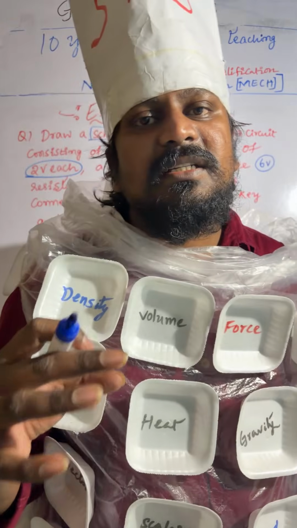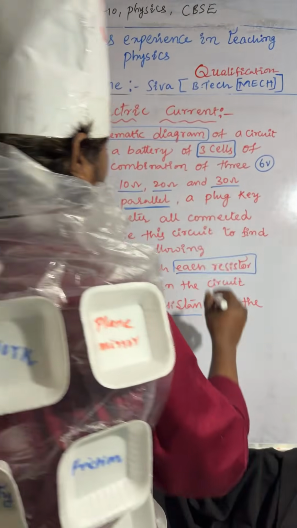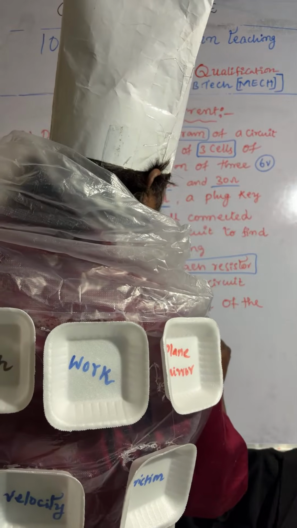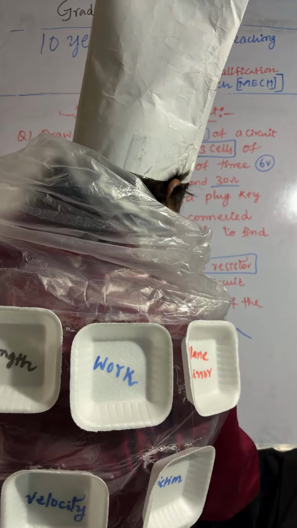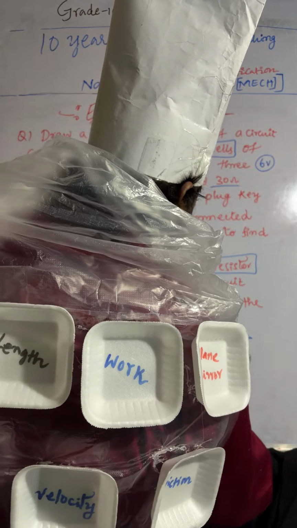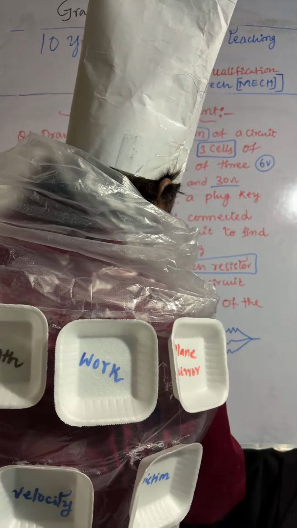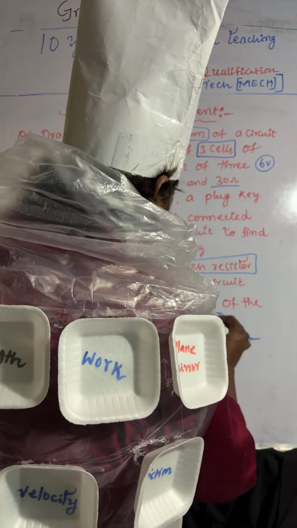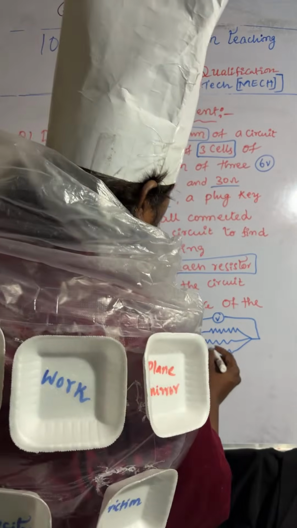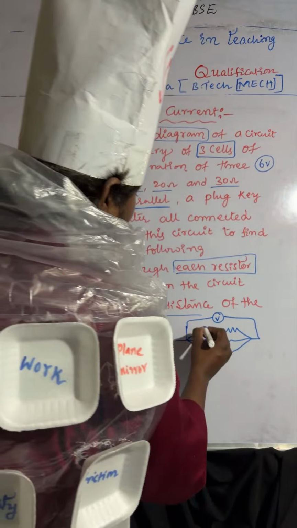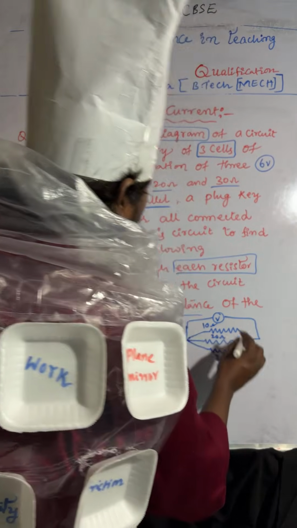So first you draw the parallel combination: 1, next to it 2, next to it 3. These 3 resistors are 10 ohm, 20 ohm and 30 ohm.